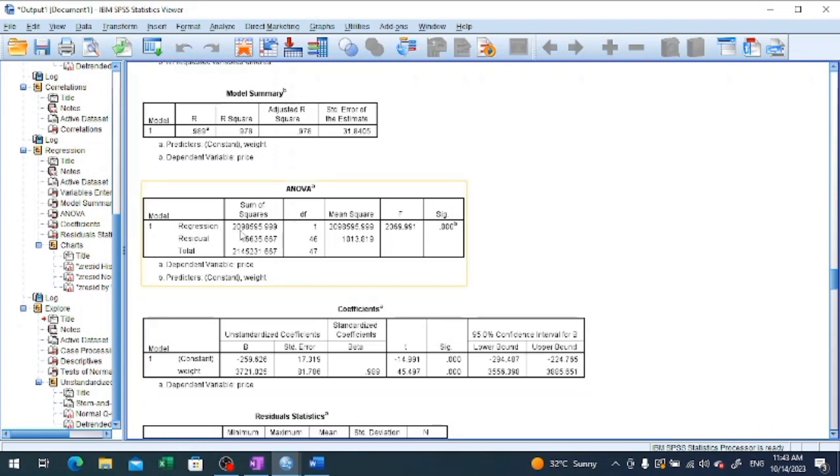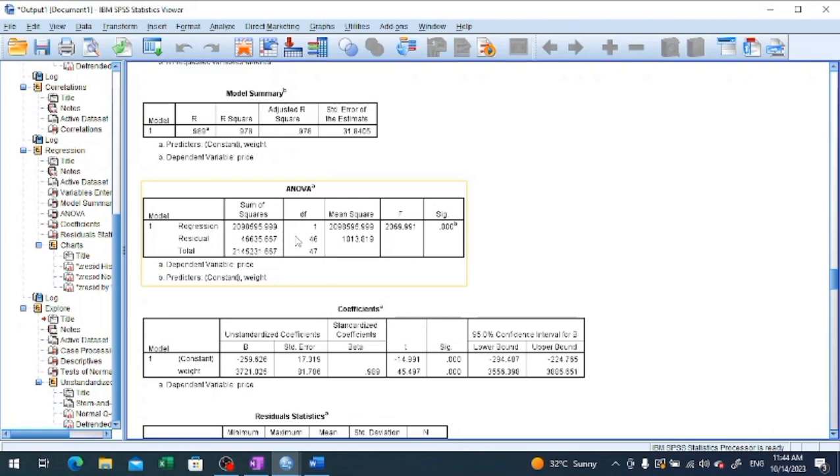The sum of squares of regression, which we can alternatively call explained variation due to the fitted regression model, that is weight causing variation in price, and the residual sum of squares represents the extent of unexplained variation. There is some part of the variation in the data that the fitted regression model is not able to explain. These two are further adjusted for their mean values, that is, we divide by the degrees of freedom.